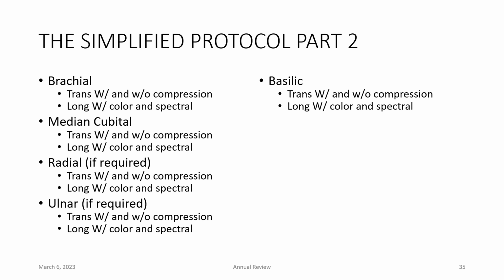You'll assess this in trans with and without compression all the way proximal, mid, and distal, and then in long B mode, proximal, mid, and distal, and in long with color and spectral in proximal, mid, and distal.